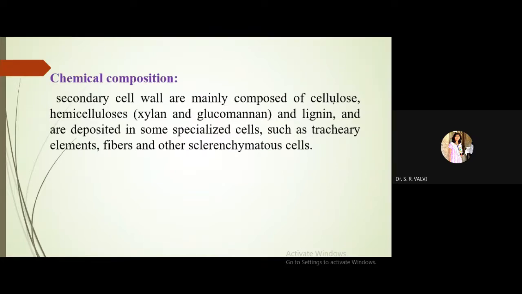It is mainly composed of cellulose, then hemicellulose like xylan and glucomannan, as well as lignin. In some cells it is deposited, like tracheary elements, fibers and other sclerenchymatous cells, right? So likewise they are deposited in different kinds of cells also.